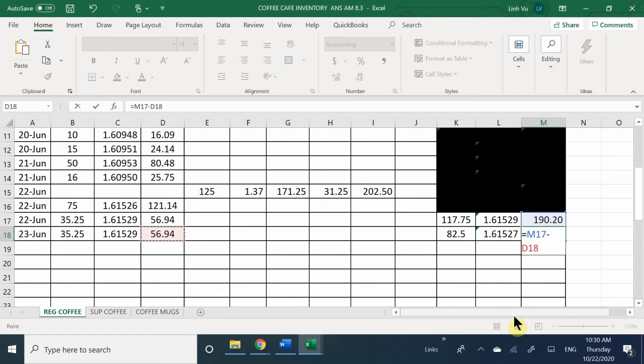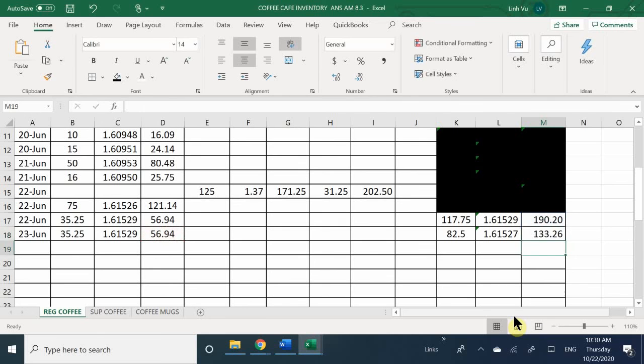Here's my calculation: I'm taking 190.20, subtract the 56.94, press enter, and it should give me 133.26. In here is already a formula that Excel is recognizing that I'm going to utilize. Basically, it's just taking your total divided by your quantity. Gotcha. And that's pretty much it.